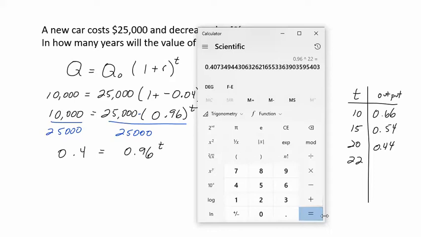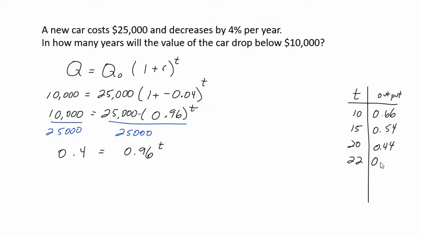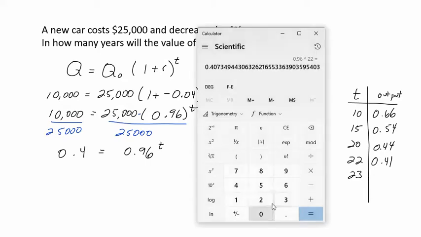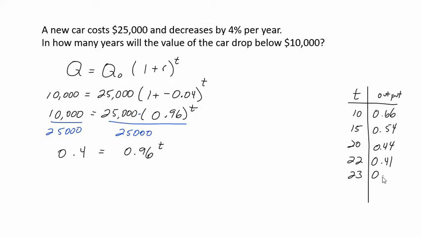That's going to round to 0.41. So let's try 23. 0.96 to the 23rd power. That's 0.39. So for our uses right here, we can say between 22 and 23 years. Somewhere around 22, 23 years.